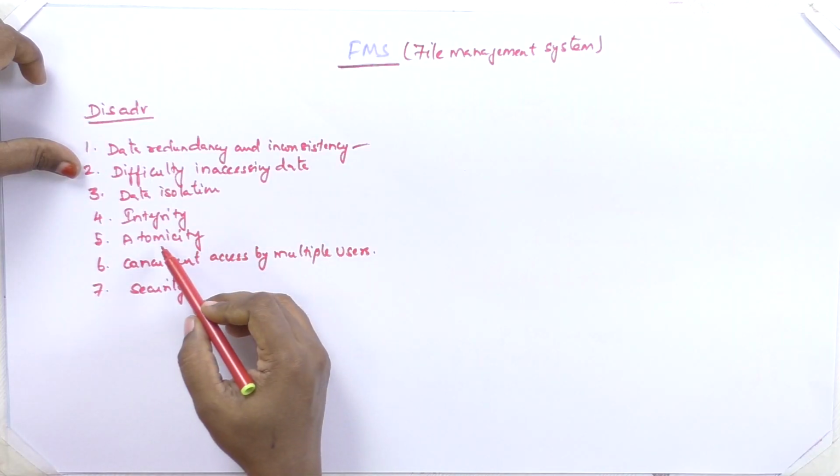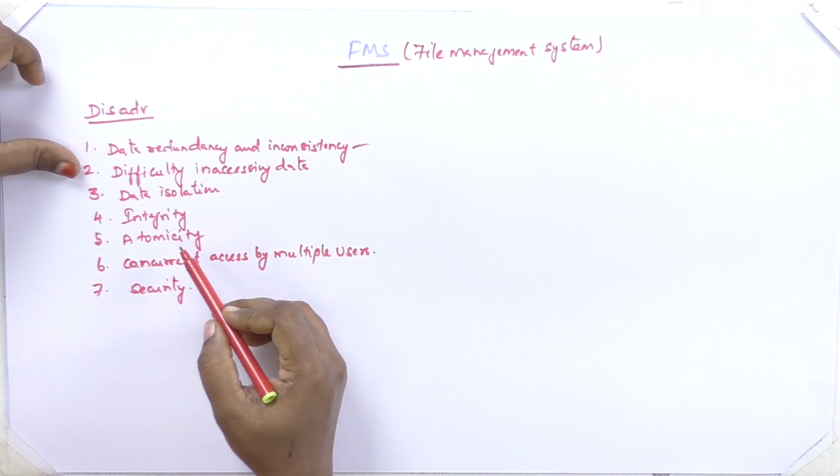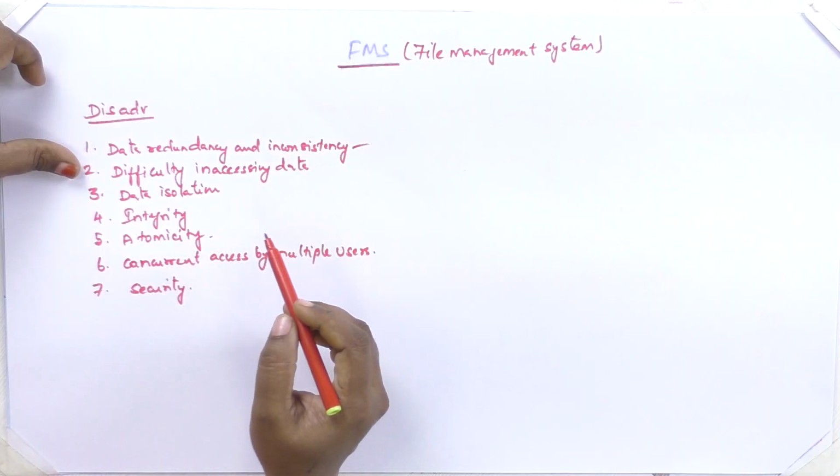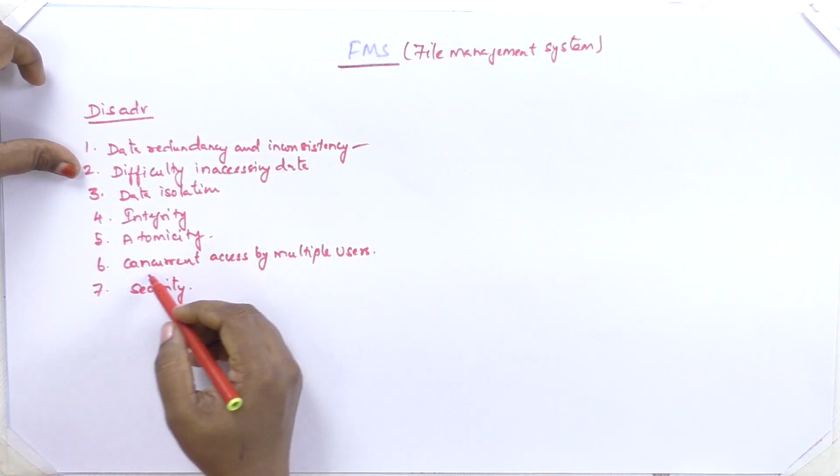In such a case, that 500 will be a very big question mark for us. So that leads to the concept of atomicity: all or none, meaning either everything is stored or nothing is stored, but our file system doesn't support it. Because of that, we get this atomicity problem.